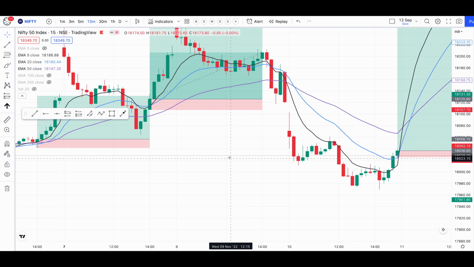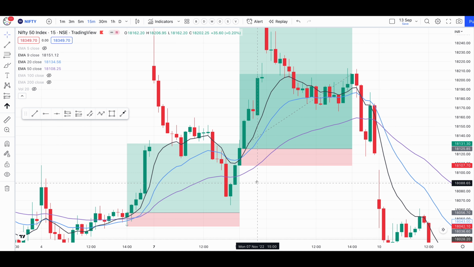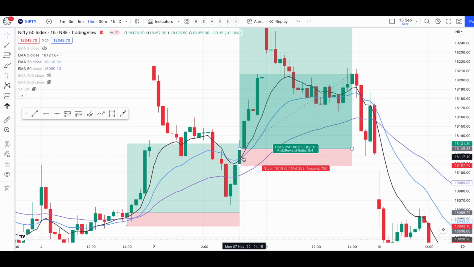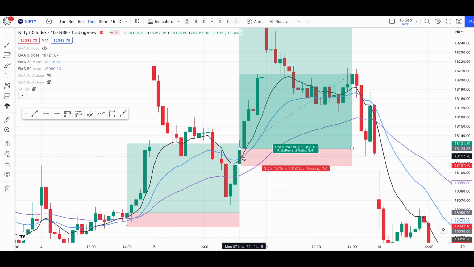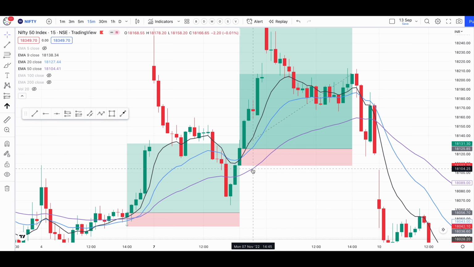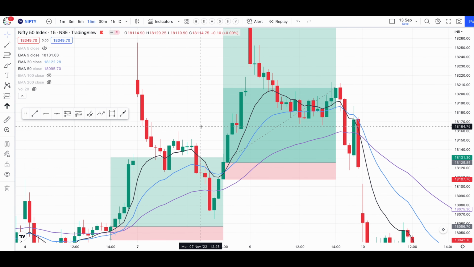I have another strategy for the bearish that I'll talk about in the next video. Okay, so on the 9th the same condition is happening. The 9 EMA is on the top, the middle is the 20 EMA, and the 50 EMA is at the bottom. The candle is touching both, and what you see is it's bullish.